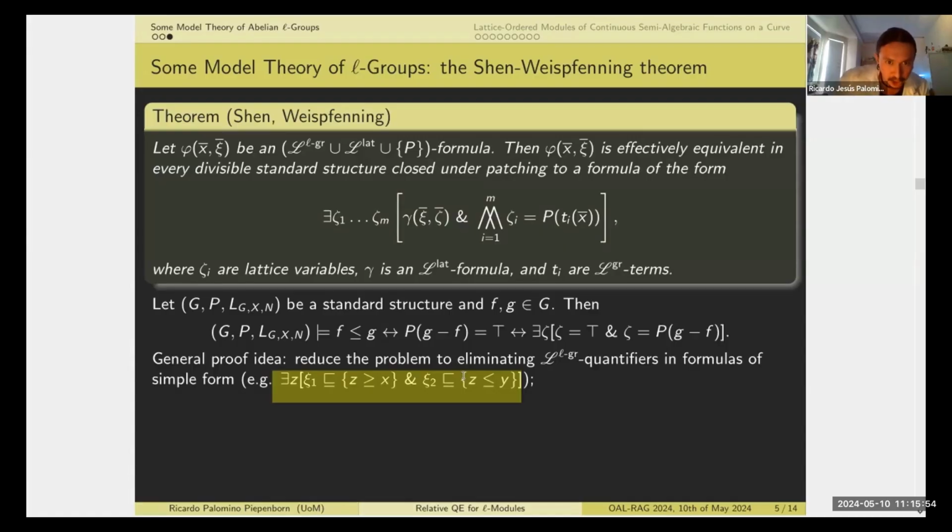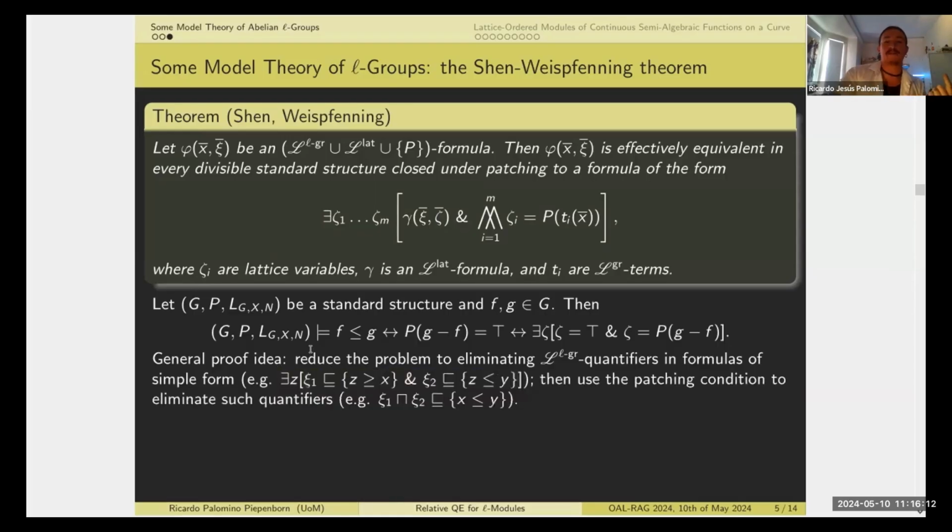So in this reduction, I'm really using, in a very important way, the fact that our L group is divisible. Yeah, here in this reduction step, divisibility is crucial. And once we know that it suffices to eliminate group quantifiers in formulas of simple form, then you just have to use the patching condition to eliminate these formulas in this particularly simple form.